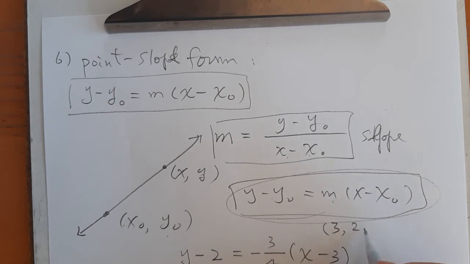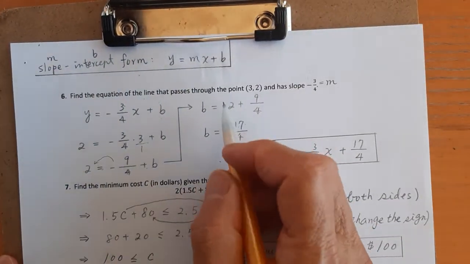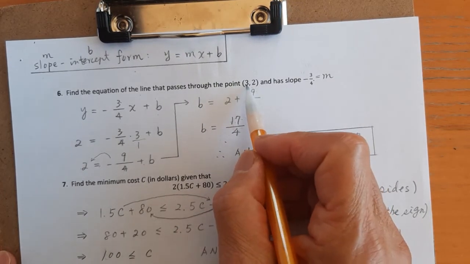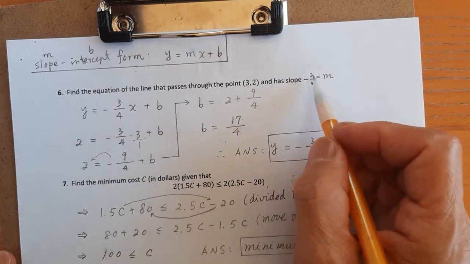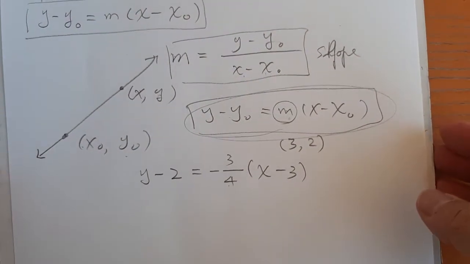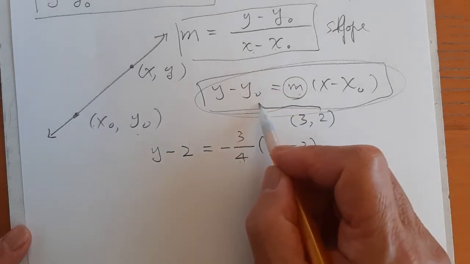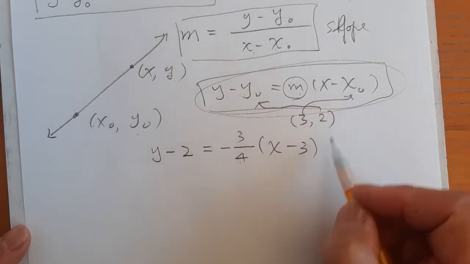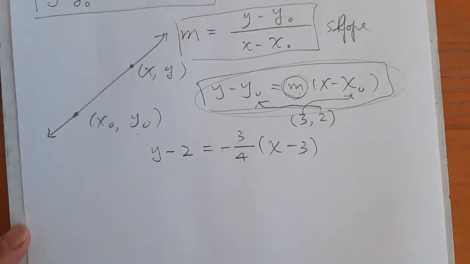The question says through the point (3, 2), so x0 is 3, y0 is 2, slope m is negative 3/4, and we use the point-slope form. This 2 is put in y0, this 3 is put in x0, and m is negative 3/4.